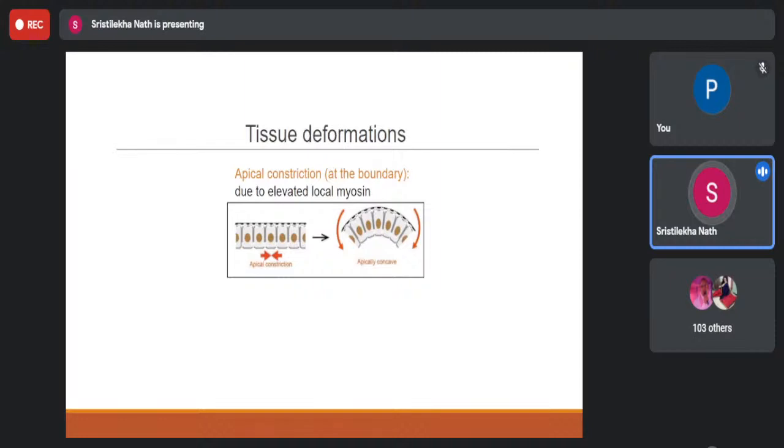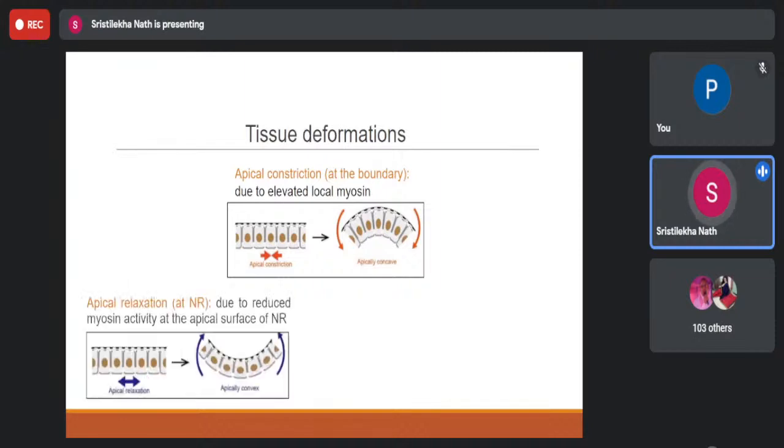There is apical constriction at the boundary and apical relaxation at the middle tissue that we were talking about. It was found to be due to reduced myosin activity at the apical surface. This is just the reverse of the apical constriction that happens due to elevated myosin activity, so of course the phenomenon is reversed.